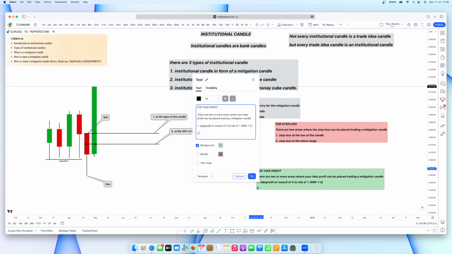Your second TP, take profits at external liquidity.